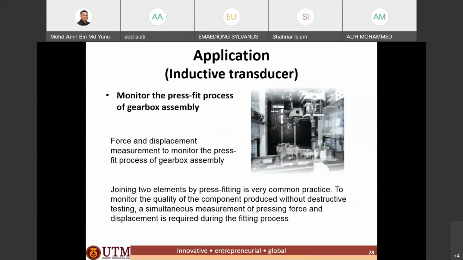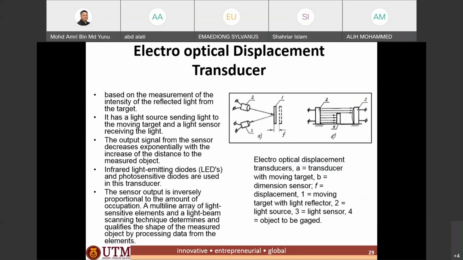Okay, so similar to LVDT, it is used to detect or monitor the condition of the gearbox, for example in the press feed process.